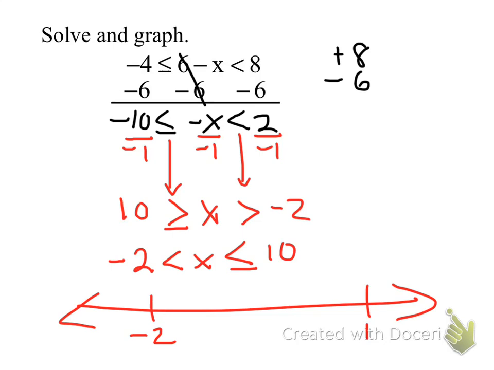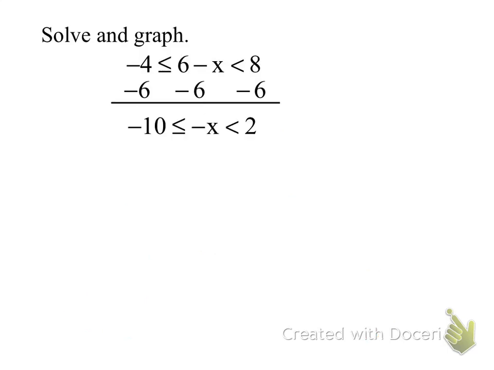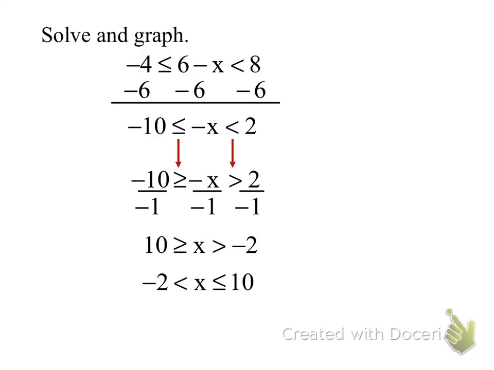Negative 2, 10, open circle to solid circle. 10 is included in the set, negative 2 is not. Yeah. Is it okay if you multiply by negative 1? Will you still get the same outcome? If you do that, you still have to flip the sign. Sure. That's the same thing. Yep.